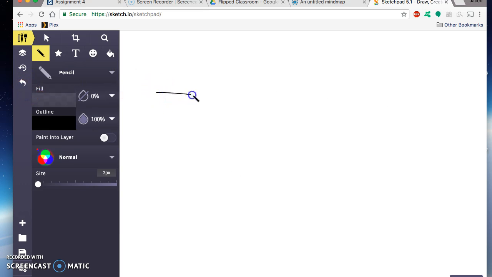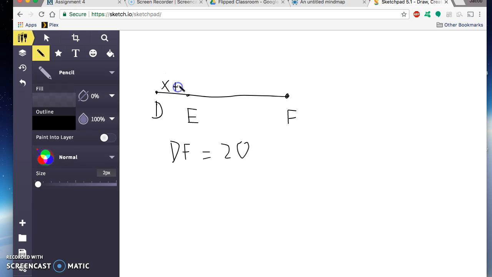So let's say there's another segment. Let's call this one D, and it goes to F, with some point E in the middle. Let's say I'm kind of a jerk, and I tell you that DF equals, let's say, 20. And I tell you that DE is x plus 1, and this part right here, EF, is 3x.